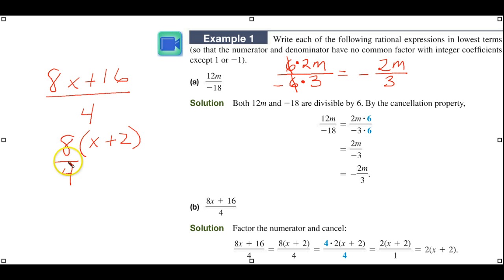So this 8 and 4 can cancel out. Take a 1 out of the 4 and a 2 out of the 8. And we're left then with 2 times x plus 2. Now theoretically we could distribute this and get rid of the parentheses, but often they want you to leave it in this form as we see here.